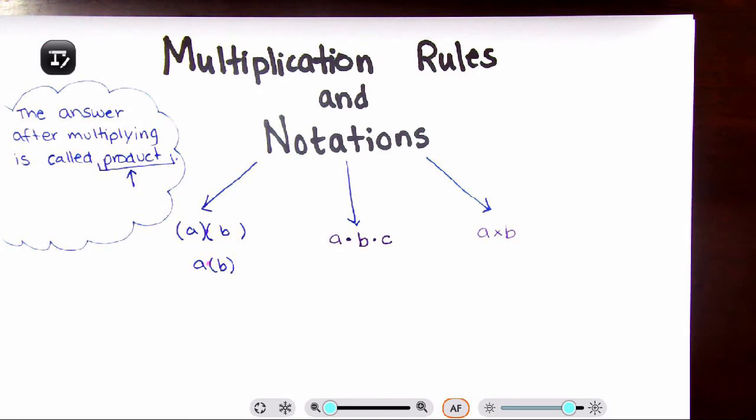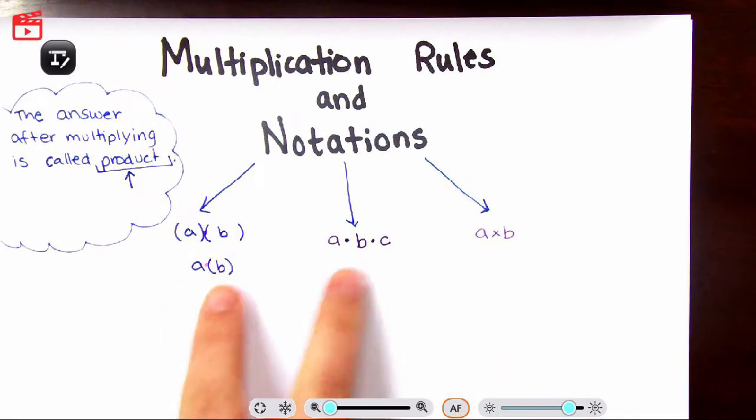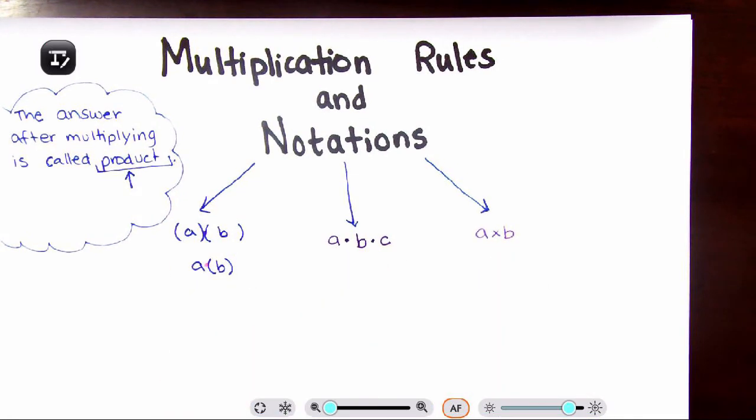Algebra includes letters in your math, and this X looks like a letter, and a letter is a variable, and a variable represents a number. So this can be a little bit tricky. These two are going to be the most common notations that we will be using for multiplication.